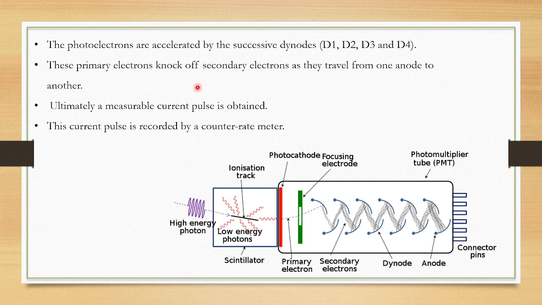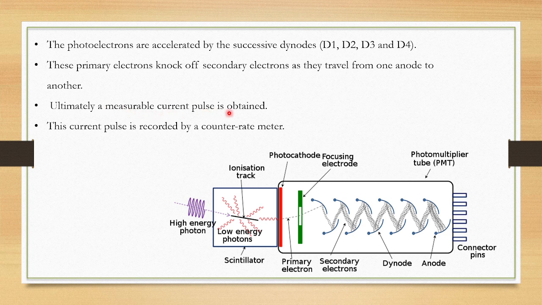So these primary electrons knock off secondary electrons as they travel from one dynode to another. When going from one dynode to the next region, secondary electrons are created. So these are the primary electrons and these are the secondary electrons. While passing through the dynodes, primary electrons create secondary electrons.